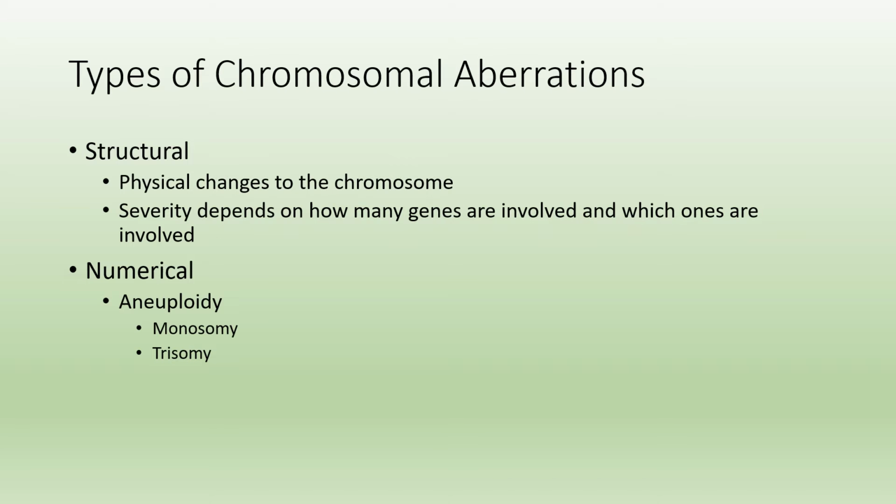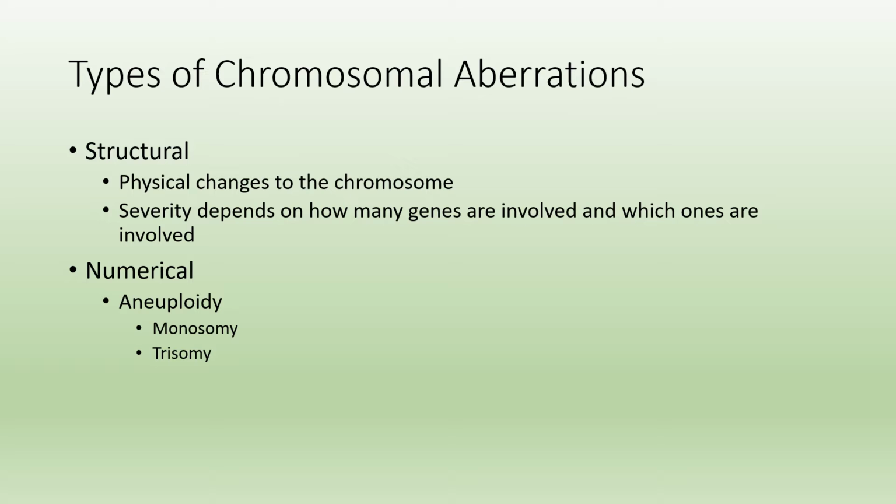What happens if something goes wrong with a chromosome? Well, there are two different ways we can have chromosomal abnormalities. Aberrations is just a fancy word for, well, close enough to abnormalities.